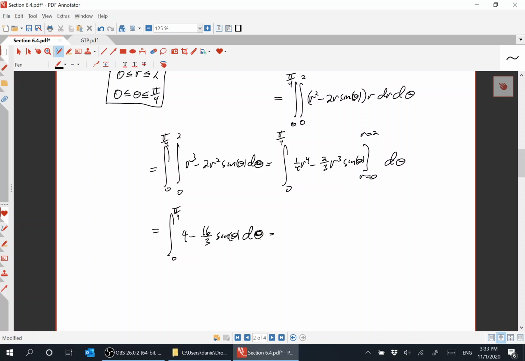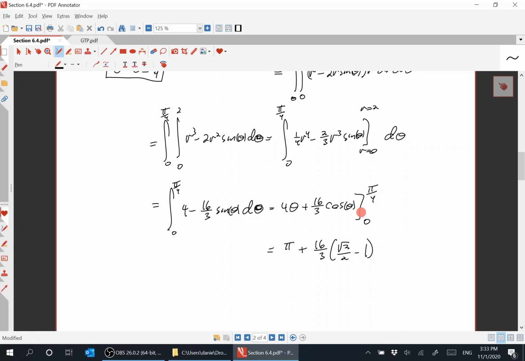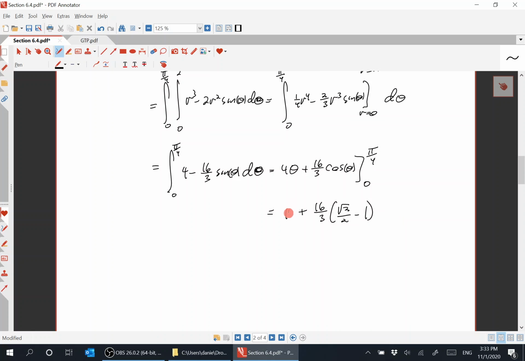Antiderivative. The antiderivative is going to be 4 theta plus 16/3 cosine of theta from 0 to pi over 4. So 4 theta, that's pi, plus 16/3 times root 2 over 2 minus 1, cosine of 0 being 1.